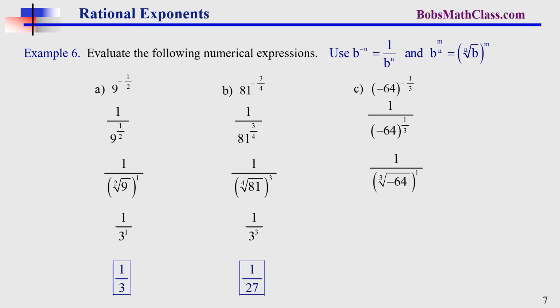The 3 is our index. 1 is outside the parentheses. Now again, because it is a cube root, we can have a negative in the radical. If it was a square root, it would be no real number. But the cube root of negative 64 is negative 4. And negative 4 to the first power is still negative 4, so we do not lose a negative. And then you want to put the negative in the middle of a fraction.